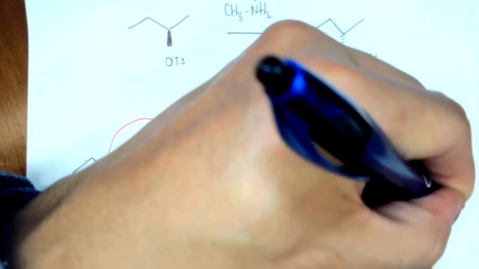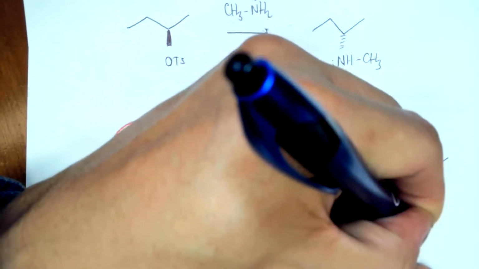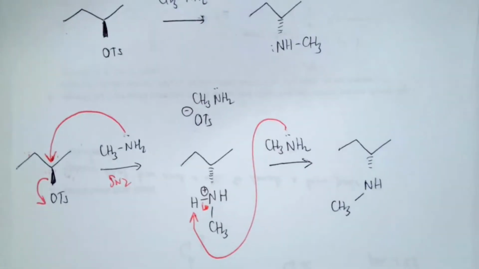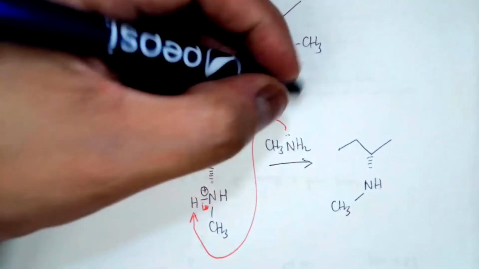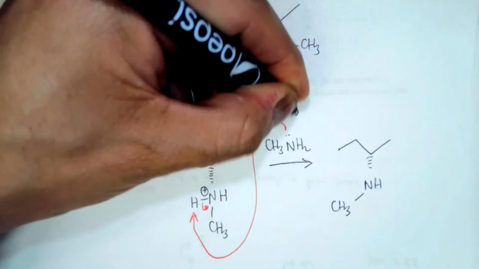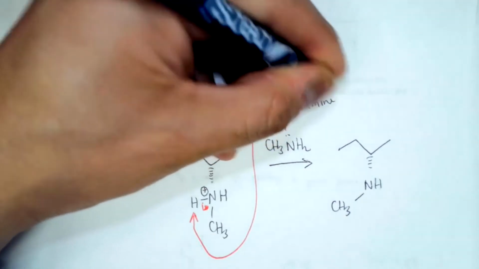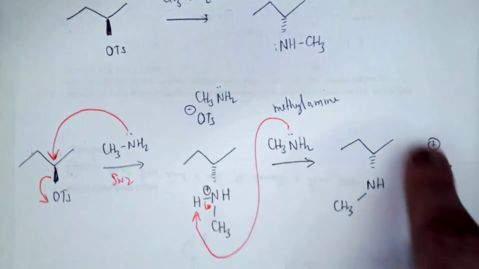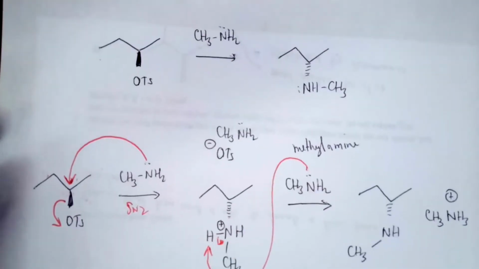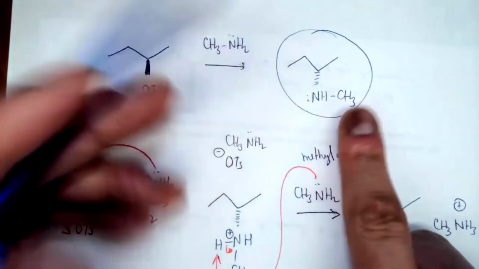Okay. So the molecule would look like NHCH3. What happened with the methylamine? This guy is called methylamine. This methylamine stole that hydrogen, so now it gets protonated. Oh, but this one was not listed in my products. That's okay. As long as you produce the main organic compound, that's all we need.